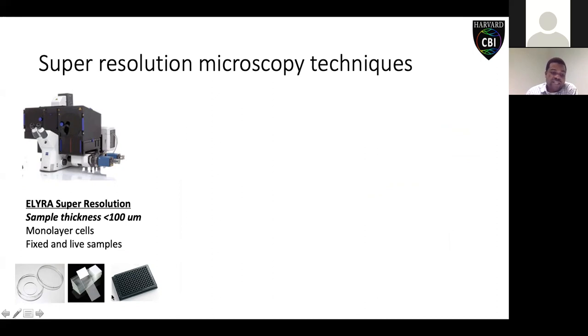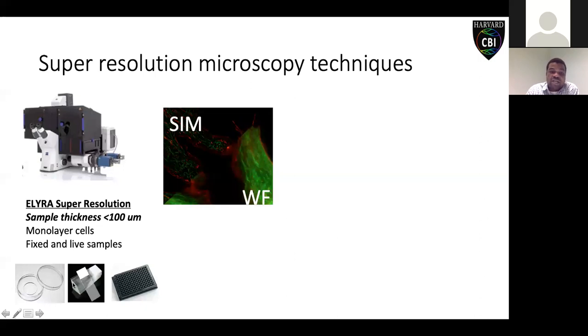Again, there are chambers that can go into the ELYRA, and there are different modes on the ELYRA. We have SIM. With SIM, you can get almost up to 60 nanometer resolution using the SIM squared system. And here's a comparison between the SIM and the widefield image.